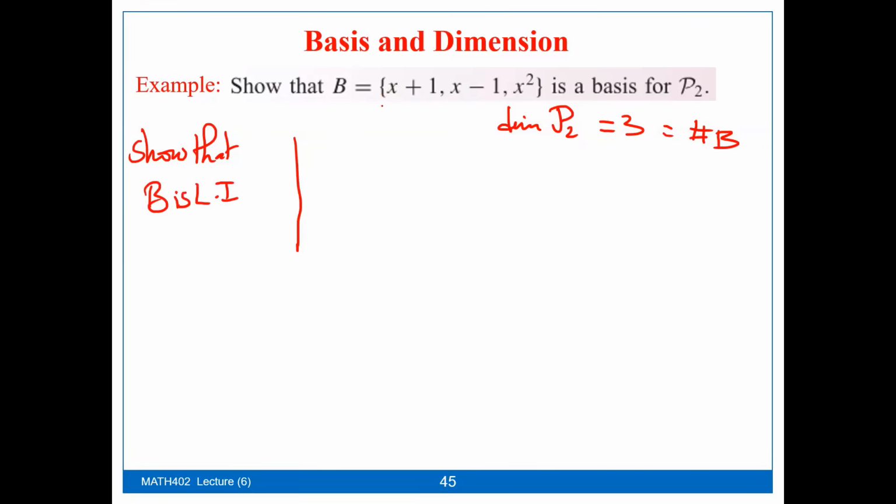To show that, for example, we can write the matrix 1, 1, 0, minus 1, 1, 0, 0, 0, 1, and calculate this determinant and show that it's not 0. This means that it's a linearly independent set of 3 vectors. The dimension of P2 is 3, so it's a base.